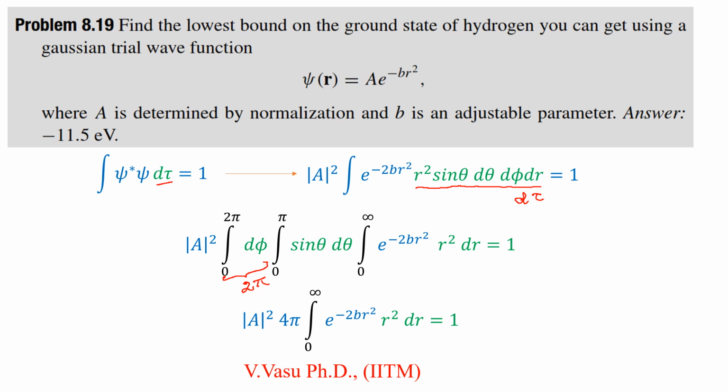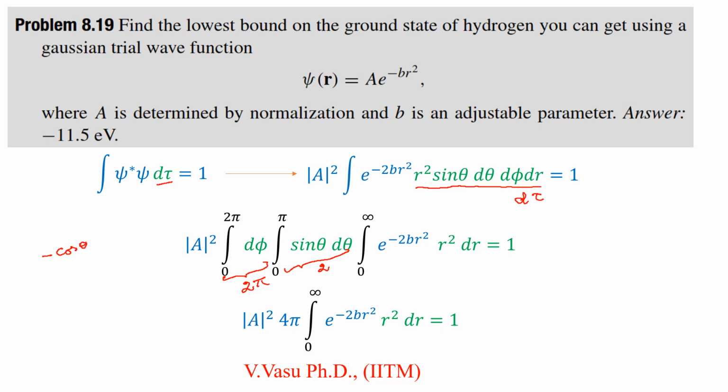And the integral of sin θ dθ from 0 to π is equal to 2. Very simply, we can argue that if you integrate sin θ, you will get −cos θ.